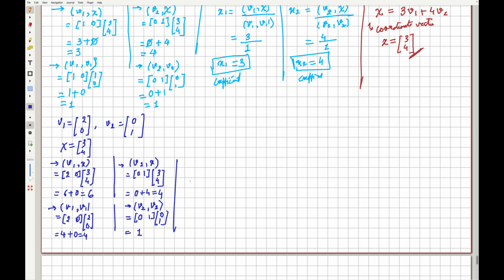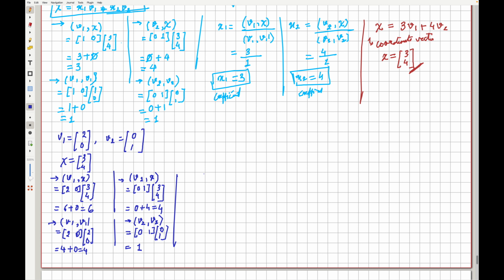With that information, we can now plug that into the formula that we created above, which is x1 is equal to v1 comma x divided by the dot product of v1 with v1 itself, and so we get 6 divided by 4. That gets us a value of 1.5 for x1.